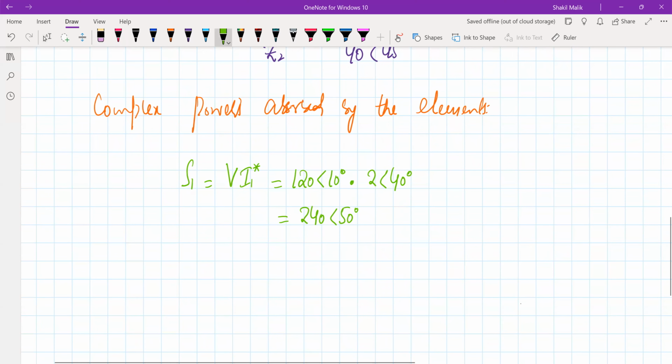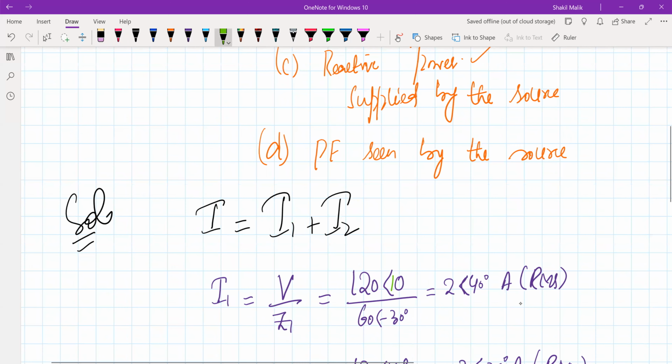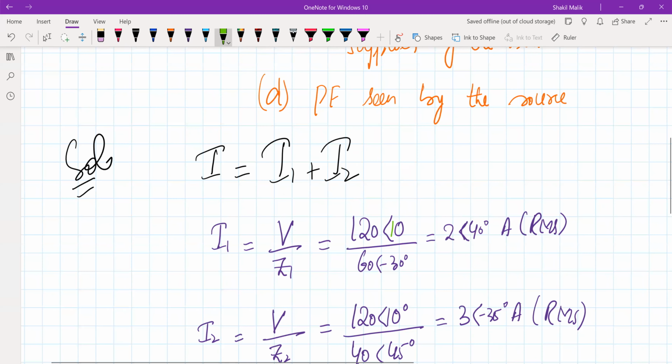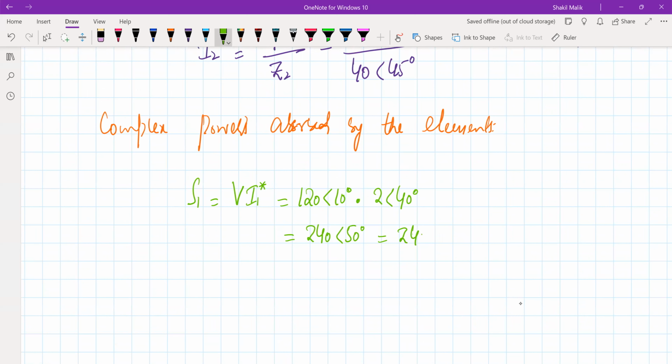Okay. Now you can get what is the real part, what is the average power absorbed or consumed by the element, right? Because it has a real part as well as an imaginary part. As you can see, this is complex, so that means this has an imaginary part as well as a real part. So the power can be expressed as 240 cos 50 degrees plus j 240 sin 50 degrees.